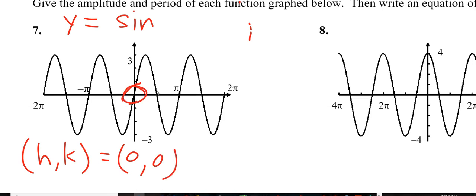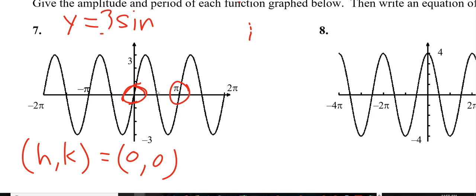Now, could I have said that this was pi, 0? I could have said it was pi, 0 because I wouldn't be wrong. Because this thing goes on forever in both directions, never stops. There's actually some flexibility in the answer to this question. Now, what's your amplitude? 3.